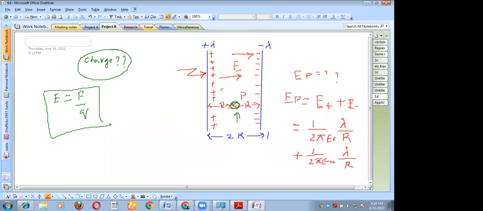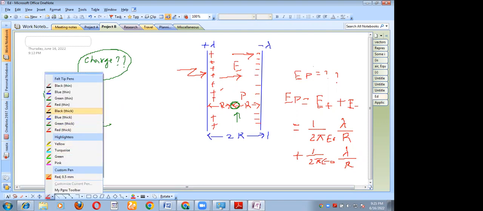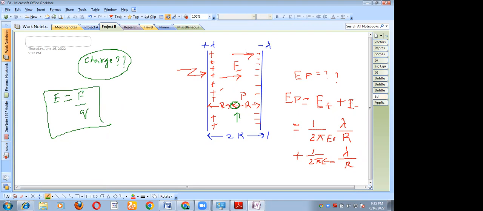Here we have already taken the direction, so we don't have to put plus lambda and minus lambda. We have already considered the direction towards right due to negative. So here we are going to put only magnitude, not signs.